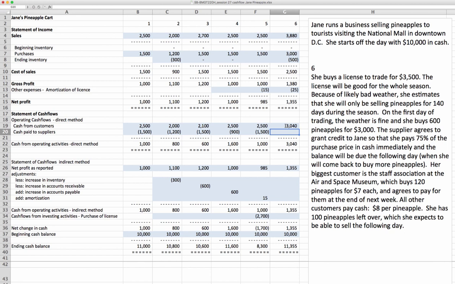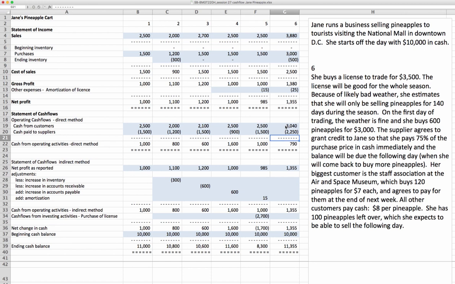The cash paid to suppliers, well, we know that the pineapples were in total going to cost $3,000, but the supplier agrees to grant credit such that she only had to pay 75% of that amount today. So to suppliers is 3,000 multiplied by 75%, 0.75, 2,250. And so the cash from operating activities using the direct method is 790.